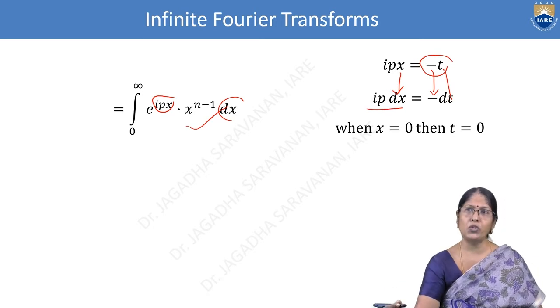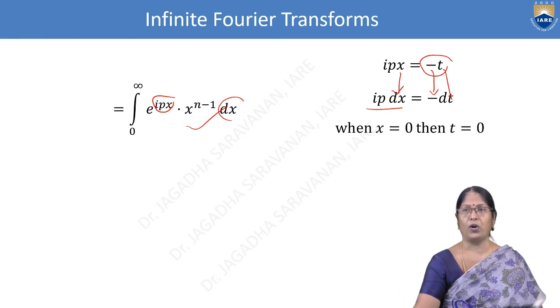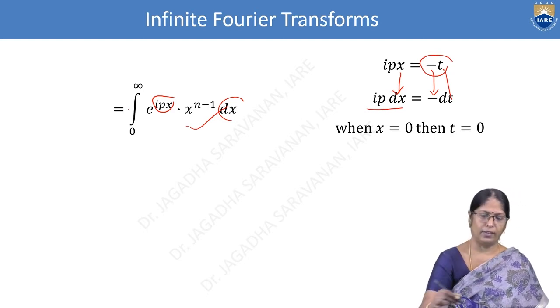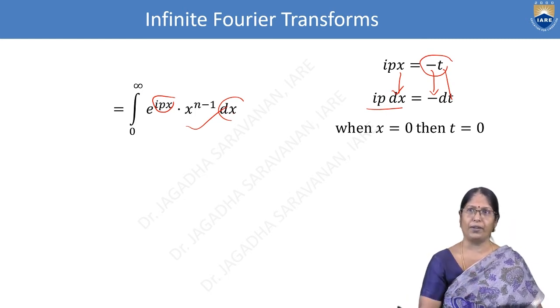When the substitution method occurs, we have to check the limit. Is there any change or not? Our limit, with respect to x we are doing the integration, is from 0 to infinity.